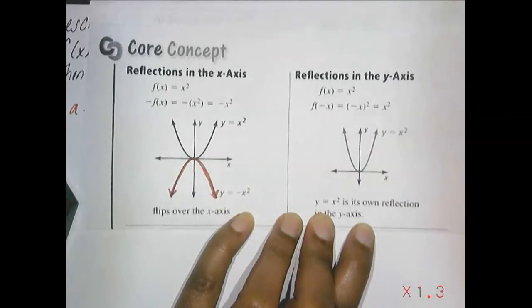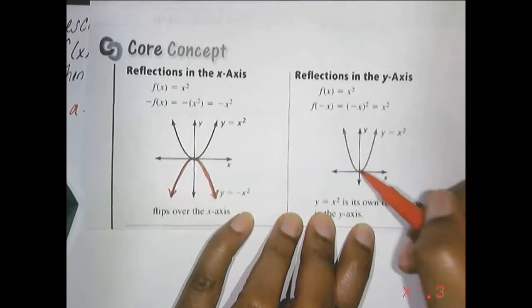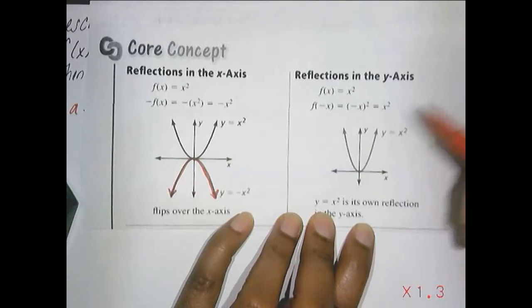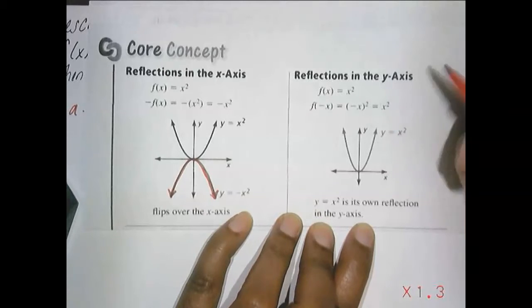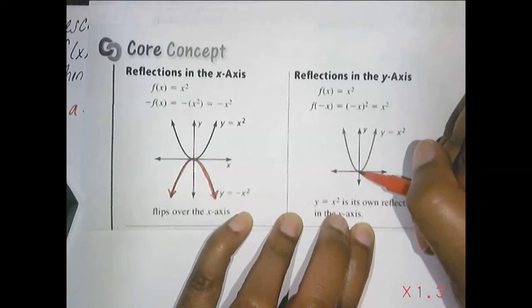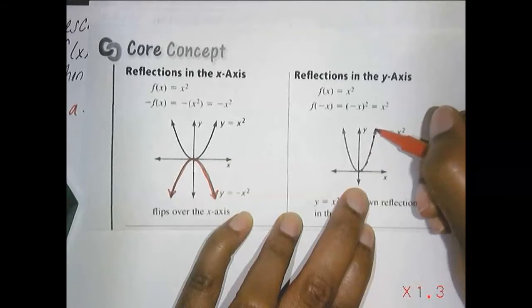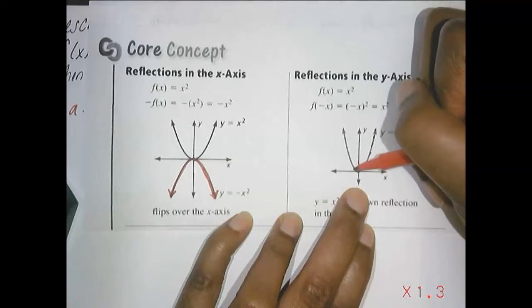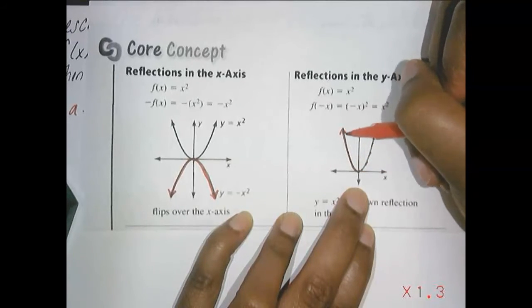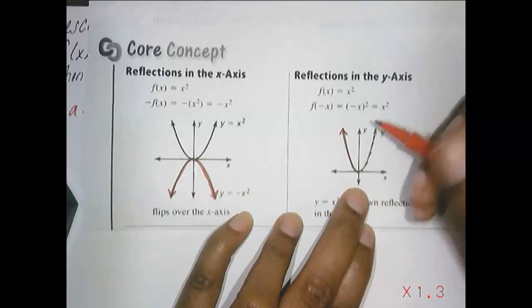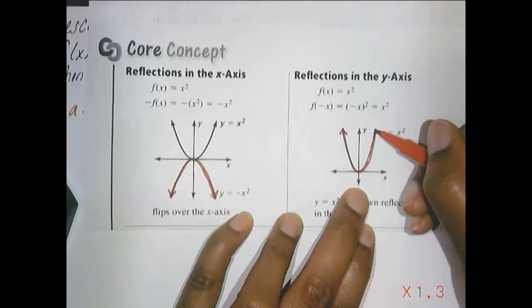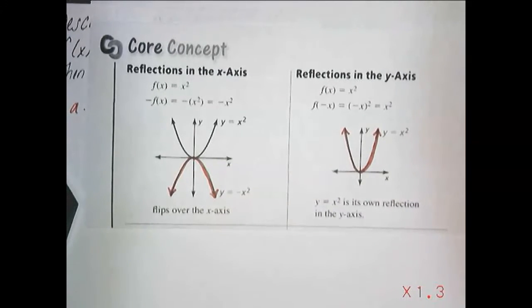But this reflection literally takes the parent function, y equals x squared, and, if this is my right side of the graph, under that reflection it becomes the left side of the graph, and the left side becomes the right side. So it would be a reflection across the y-axis, so it mirrors itself over that y-axis.